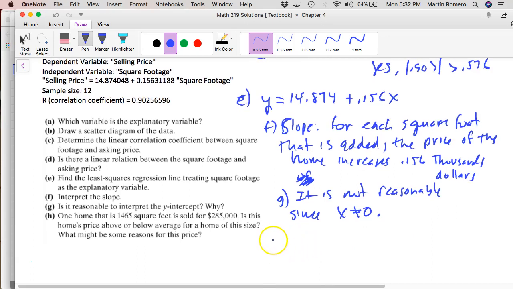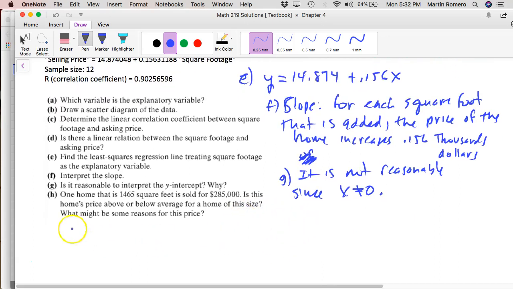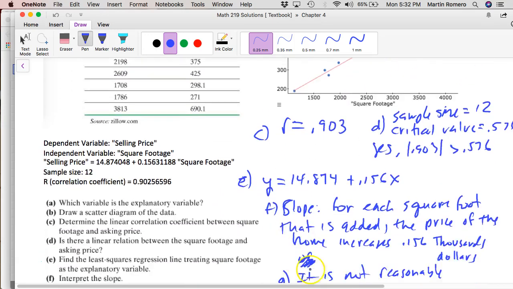And then H is our last question here. For H, we would put one home that is 1465 square feet is sold for $285,000. Is this above average or below average? So what you're going to do is you're just going to plug into this. In place of X, you plug in the square feet, because X is our square footage.